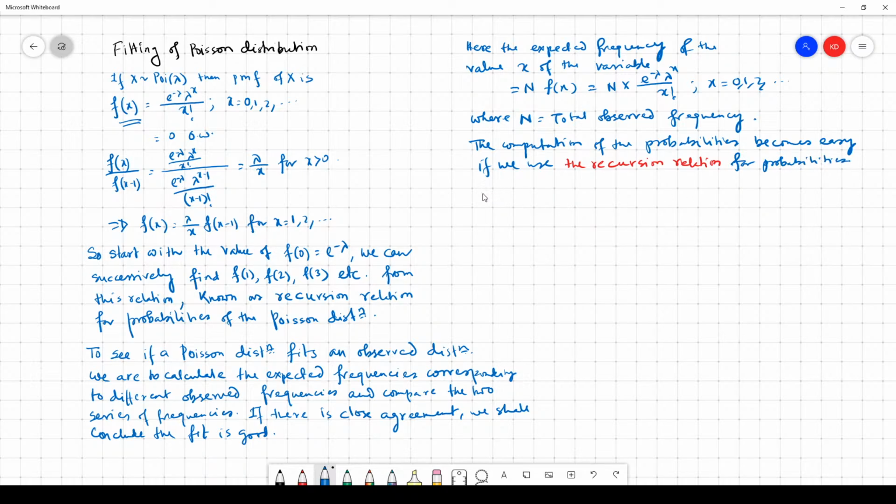When the value of lambda is unspecified, we estimate it by the method of moments.